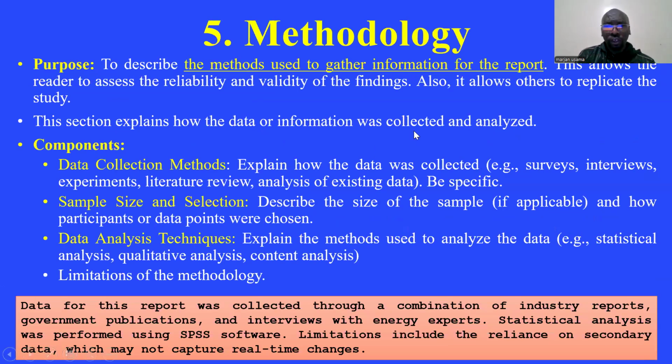Number 5 is the methodology. So when you're talking about the methodology, its purpose is to do what? To describe the method used to gather information for the report. So this allows the reader to assess the reliability and validity of the findings. These two things are very important.